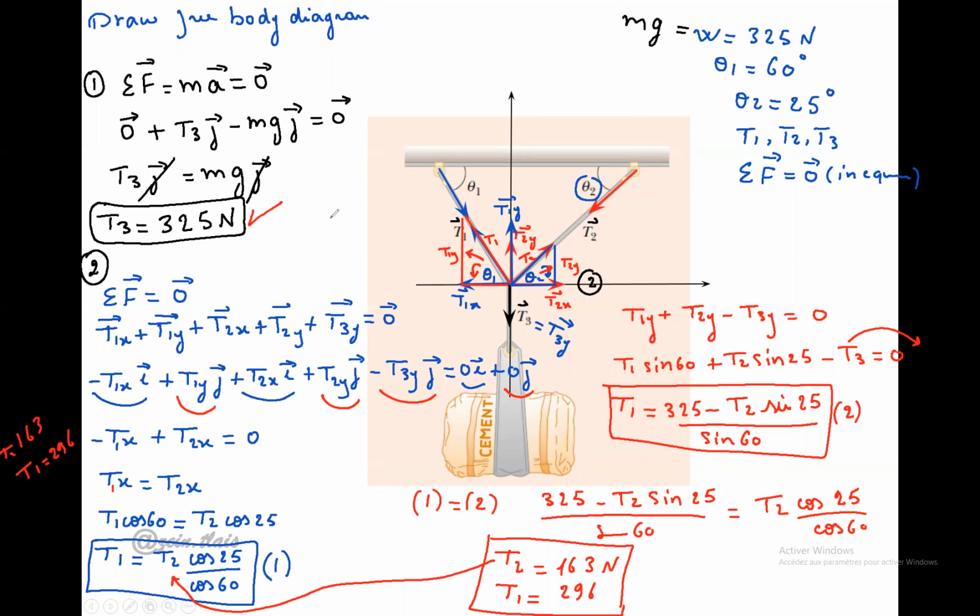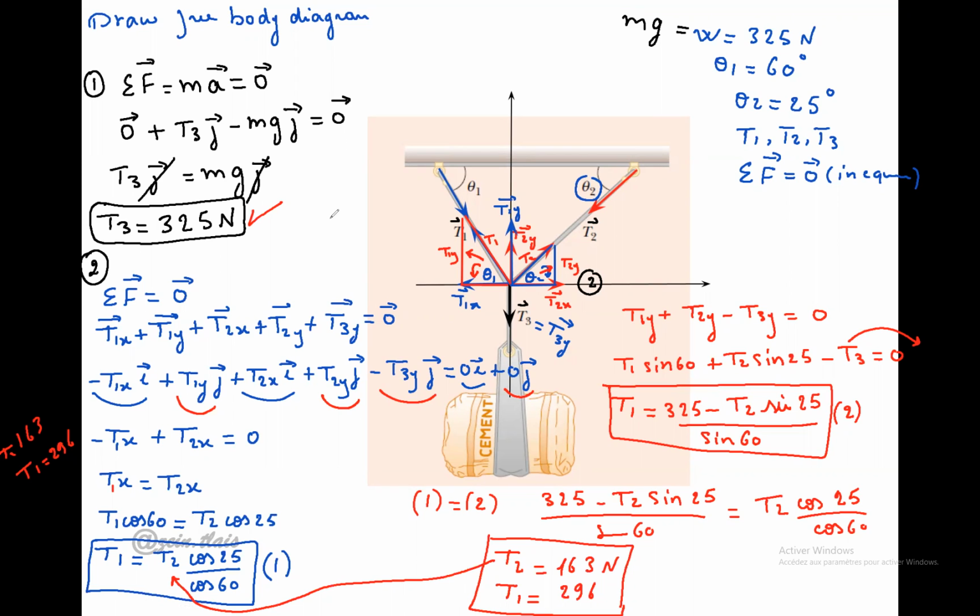So the most important point here is to apply Newton's law on the object. First of all, you have to put x and y, and illustrate the components of each F. You have to put Fx, Fy, Tx, Ty for each value.